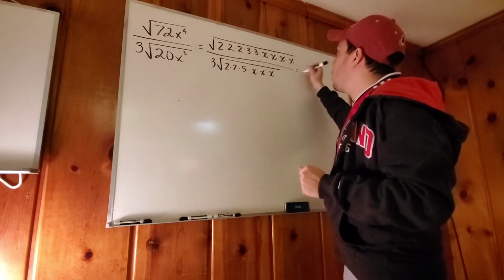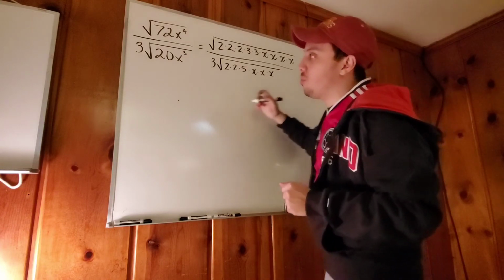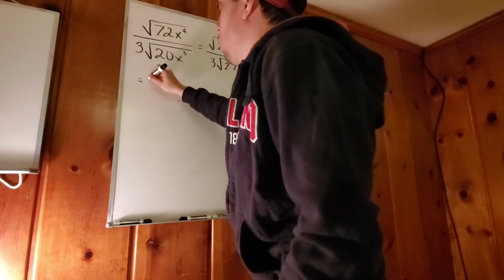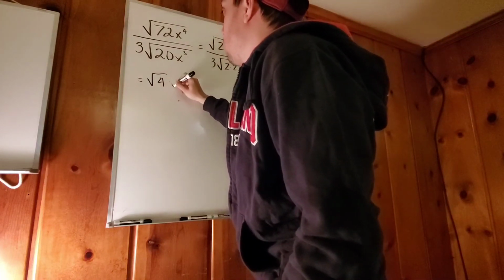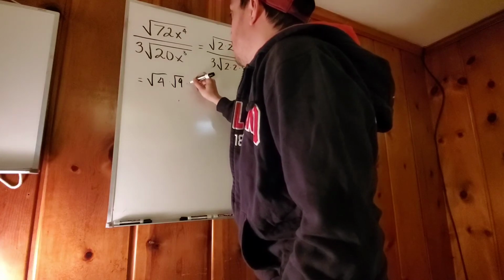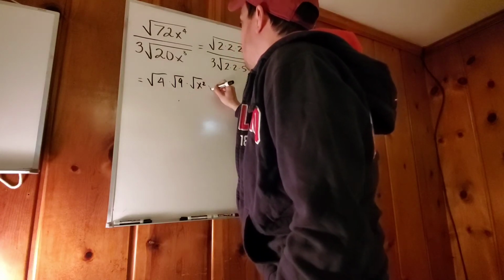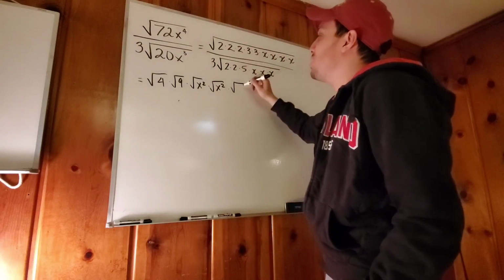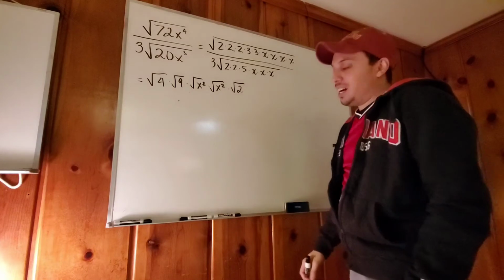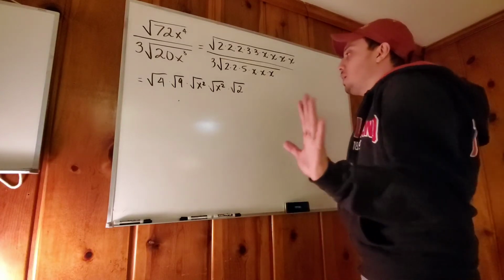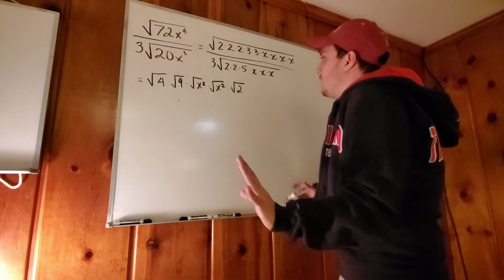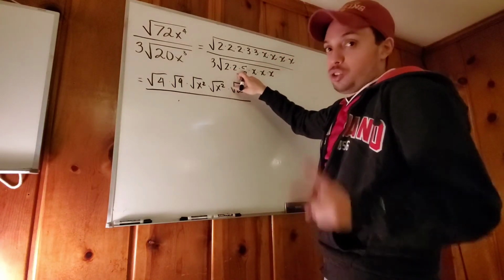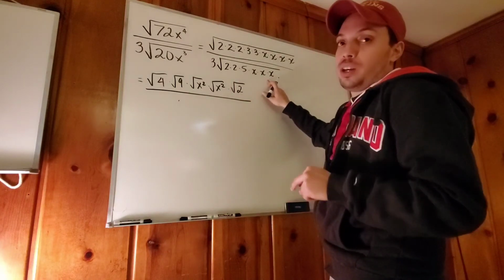So in here, let me just write it right down here so that you understand. We're going to get the square root of 4 times the square root of 9 times the square root of x squared times the square root of x squared times the square root of, what am I left with? Just the 2, okay? You will see in a second why I put it that way. And then in the bottom, we have the square root of 4, which is 2, and the square root of x squared, which is x.